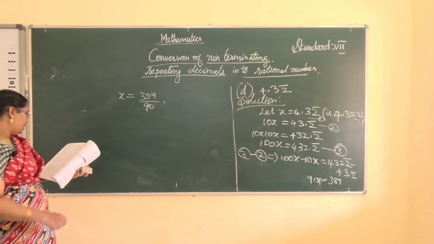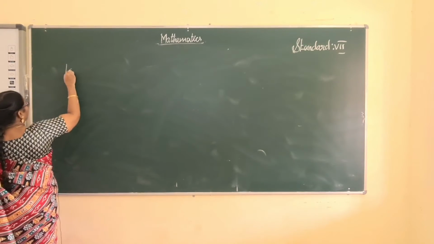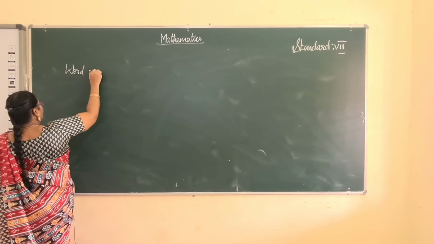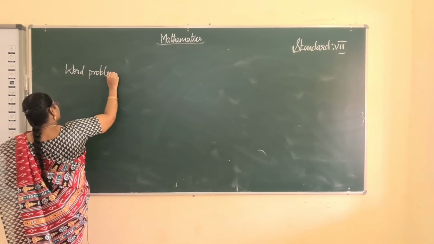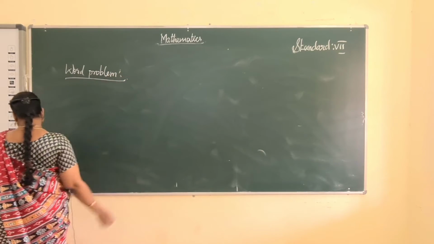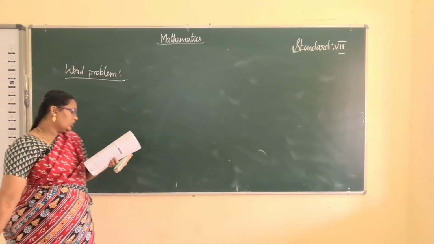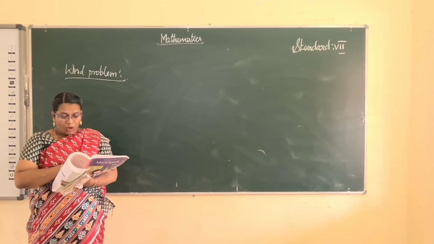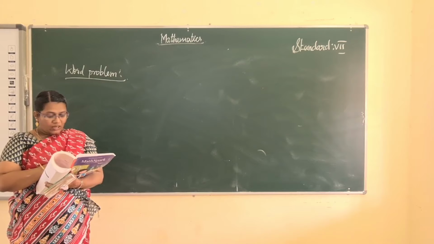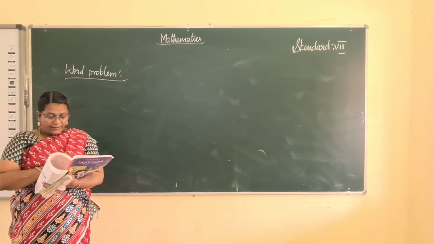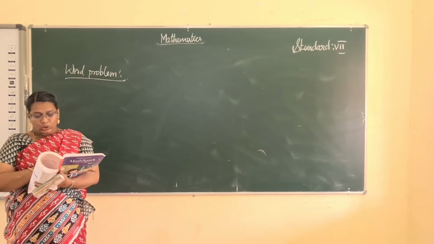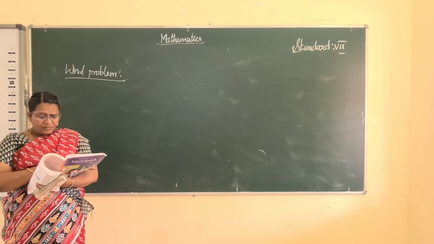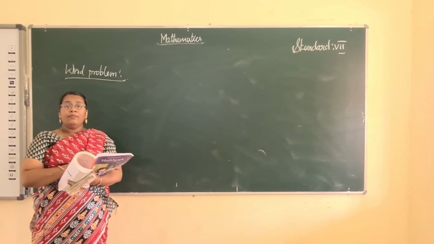Next one, word problem. Example 32. From a starting point A, Rahul walks 3/4 km east and then 6/7 km west to reach a point C. Where will he be now from the starting point A?